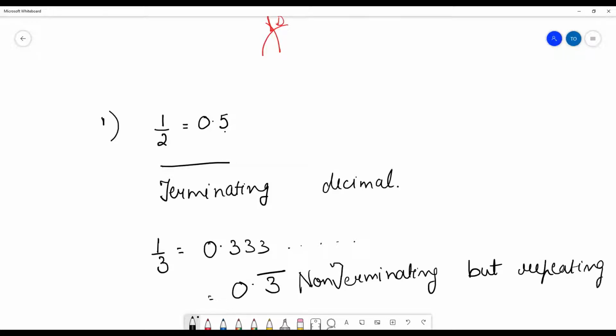In this manner, we can do many questions to determine whether the given rational number is a terminating decimal or a non-terminating repeating decimal. If it is a terminating decimal, it is a rational number. If it is non-terminating but repeating, then also it is a rational number.